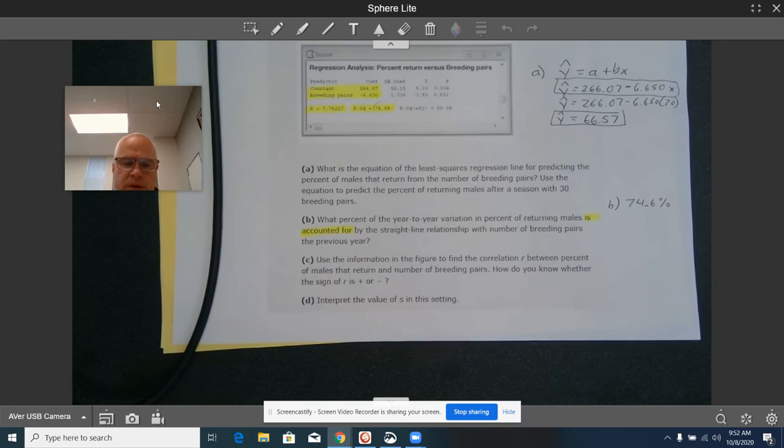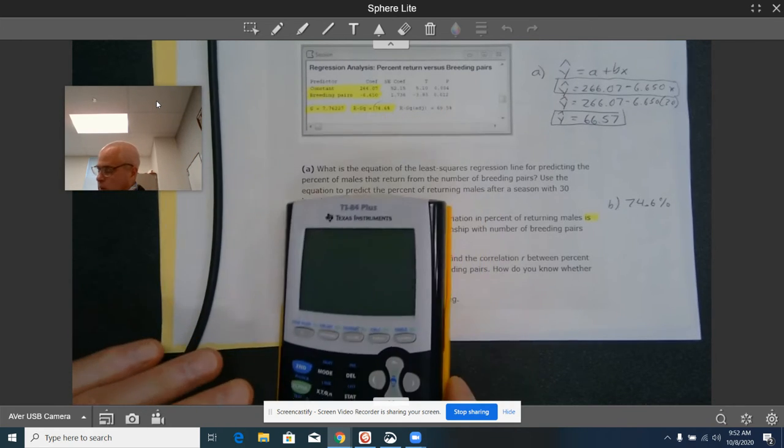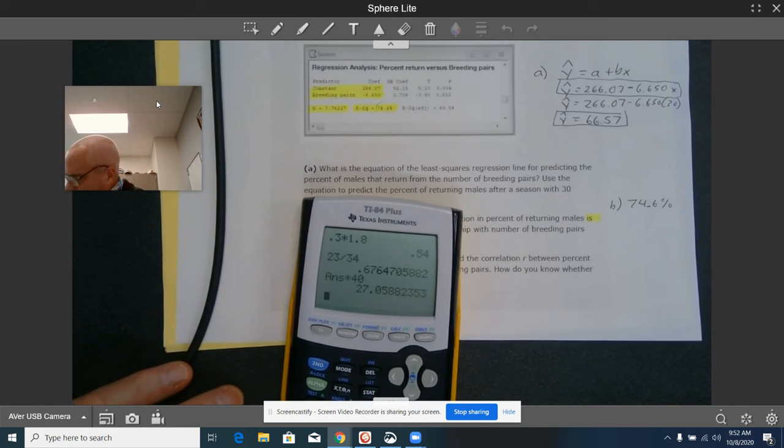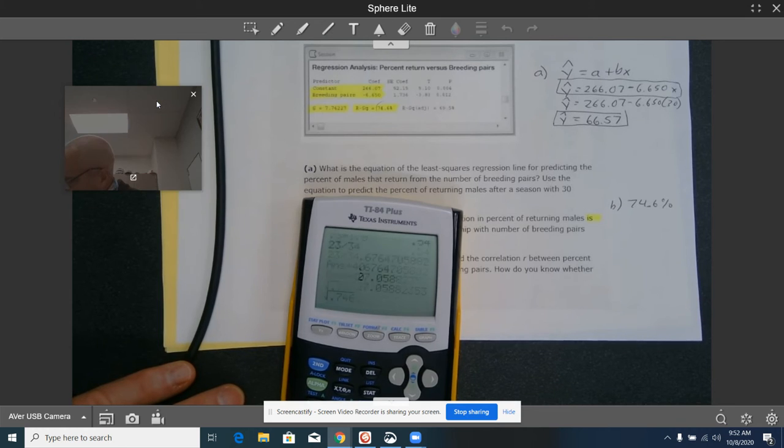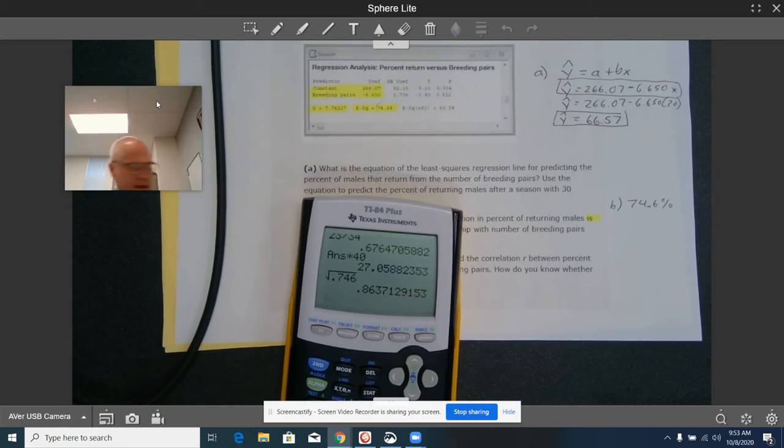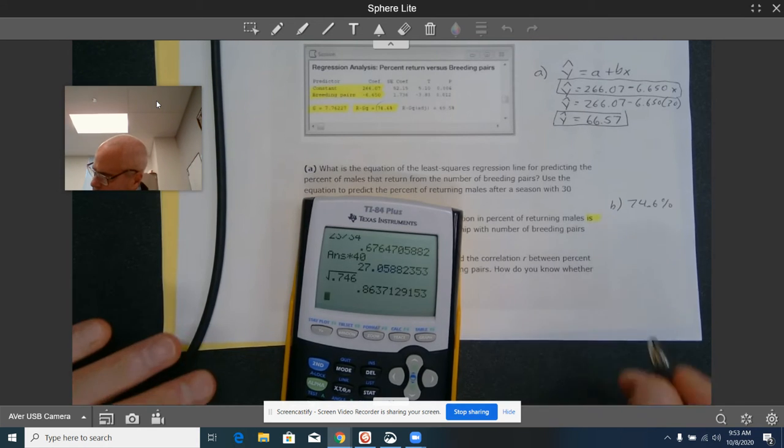Then it says, use the information in the figure to find the correlation r between percent of males return and number of breeding pairs. How do you know whether r is positive or negative? That's a very good question. Well, I know r squared is 74.6 or 0.746. If I take the square root of 0.746, I get 0.864.